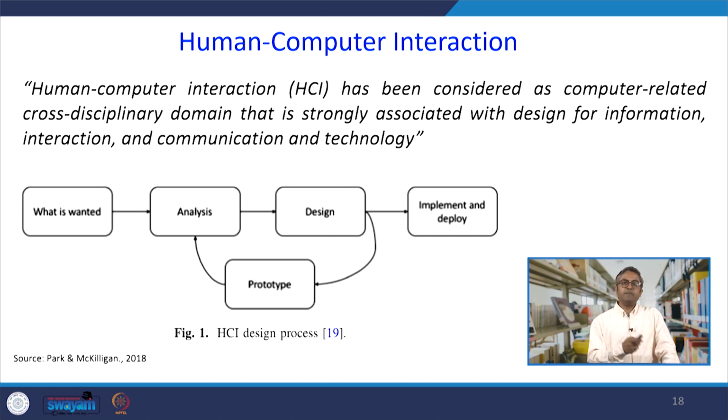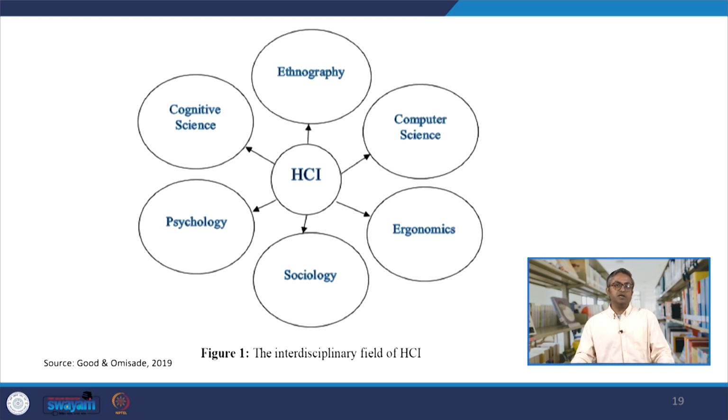And then we again come back to analysis, design, prototype, and this chain of reaction goes on and on. So when we are interacting with the machine, and if there is a failure, an error, the error needs to be addressed. Once these errors are removed, then it moves towards implementation.